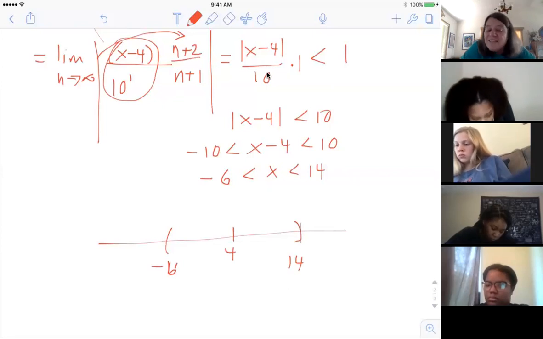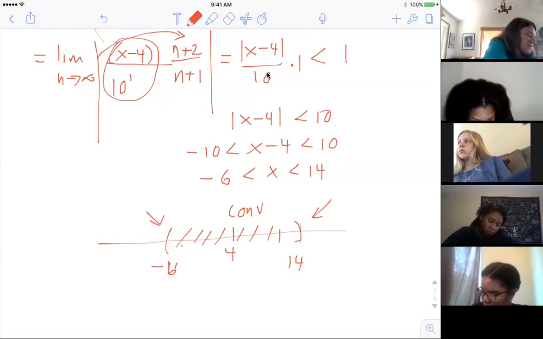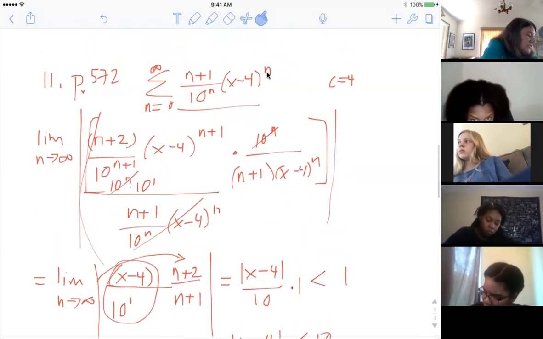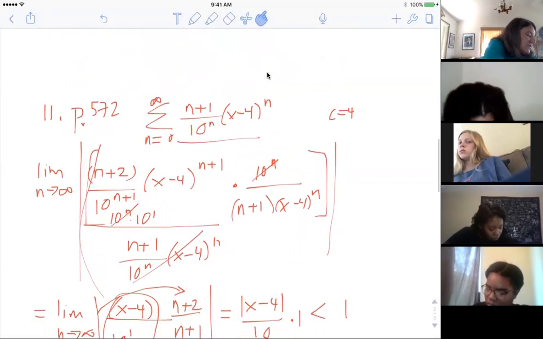So that's why we say it's centered at 4, and that's what should happen when you get one of these. So everywhere in here, it converges. I've got to test 14 and test minus 6. Let's see what the series was. The series was n plus 1 over 10 to the nth.